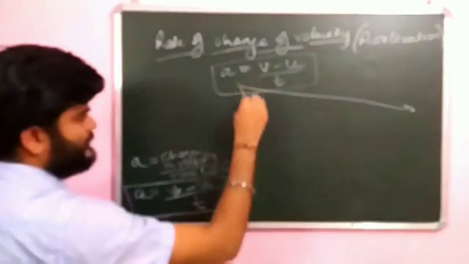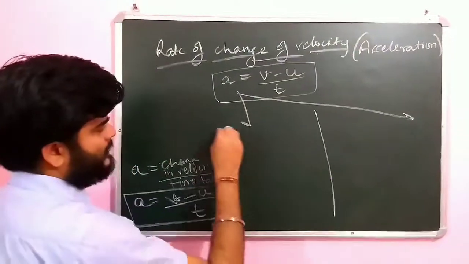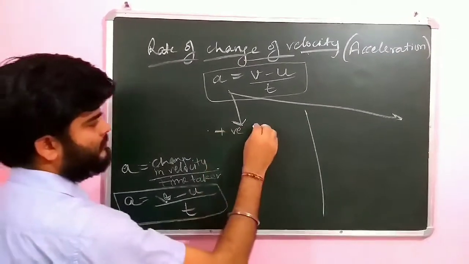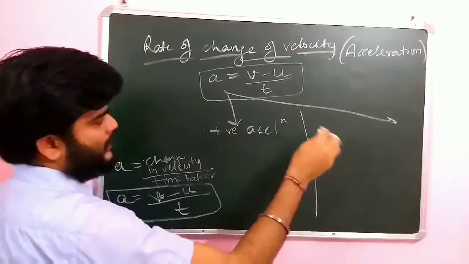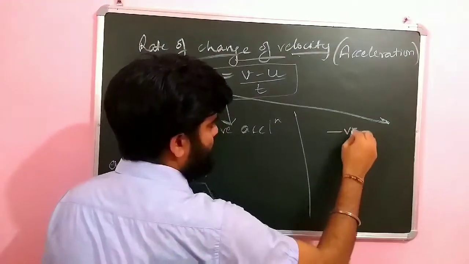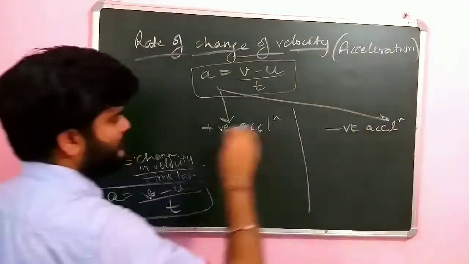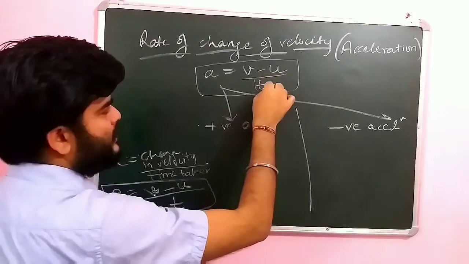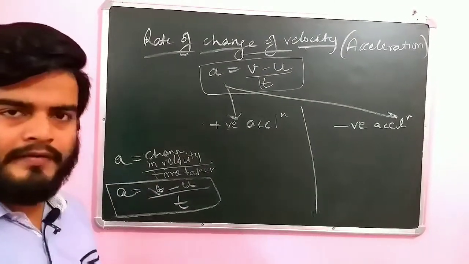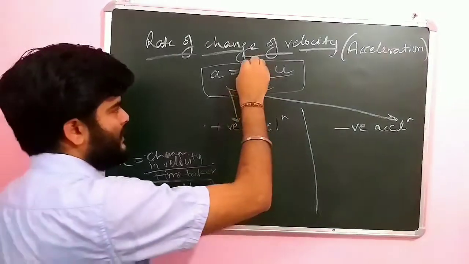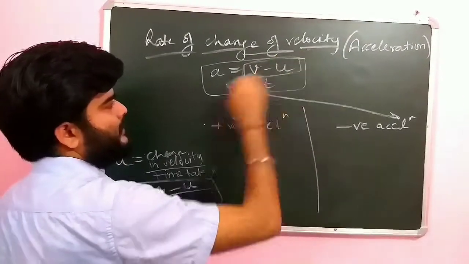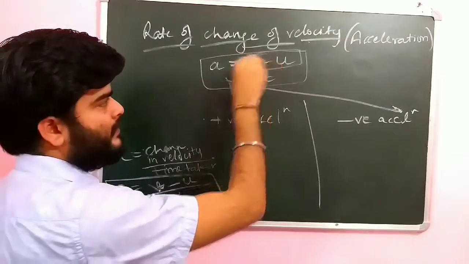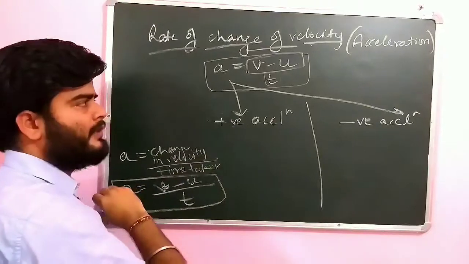Let us make two cases: positive acceleration and negative acceleration. Time can never be negative, it will always be positive. So everything depends on the numerator. Whenever it is positive, acceleration will be positive, and whenever the numerator is negative, acceleration will be negative.